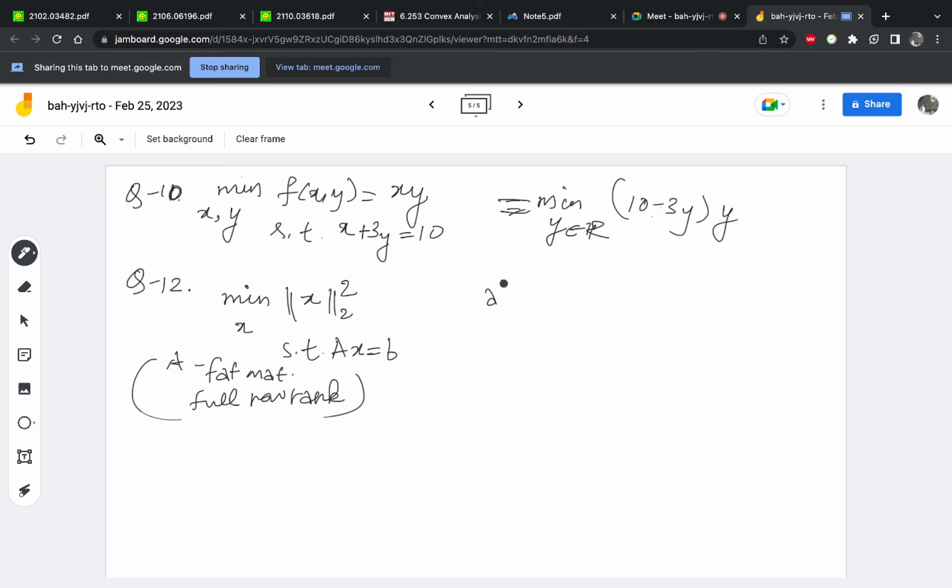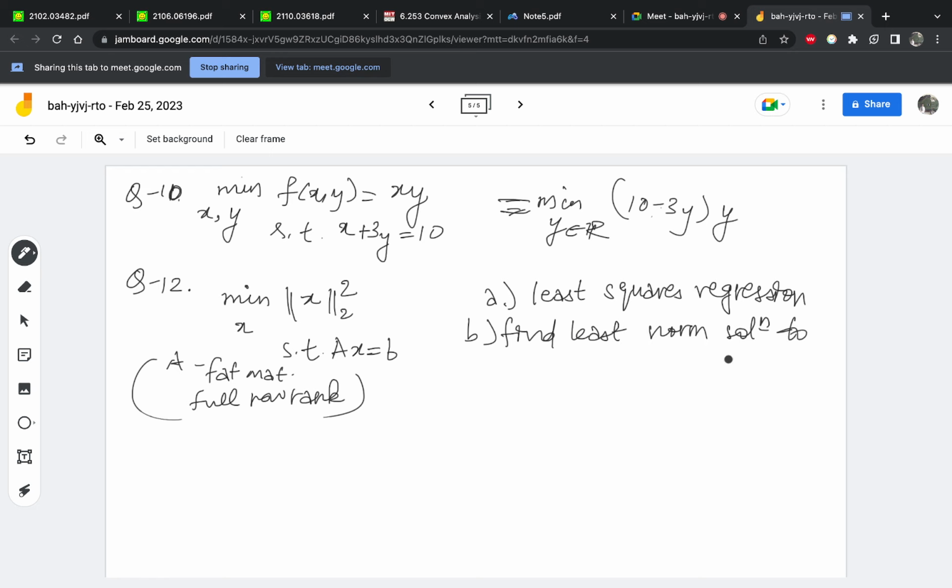So there are four options. This is a least squares regression problem. Is it a least squares regression problem? It finds the least norm solution to Ax equals b, the system of equations.